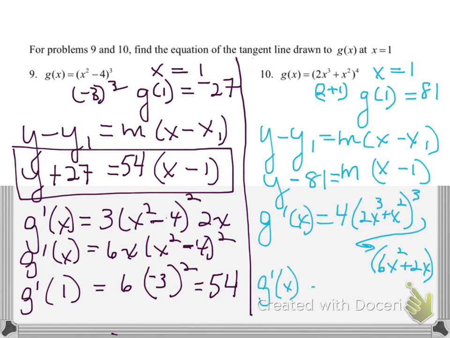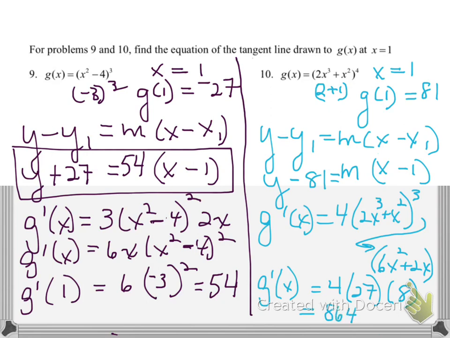If I plug in a 1, I will have 4 times 2 times 1 is 2, plus 1 more is 3. 3 taken to the third power is 27. And then that's going to be times 6 plus 2, which is 8. So I'm basically going to have 32 times 27, which gives me 864.